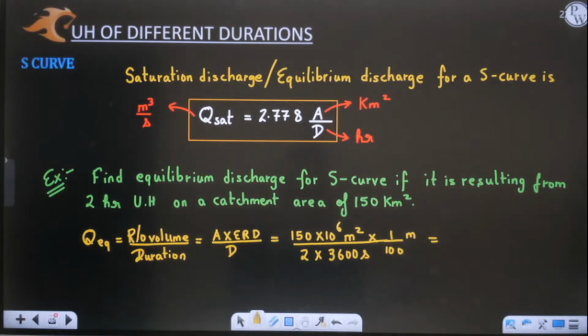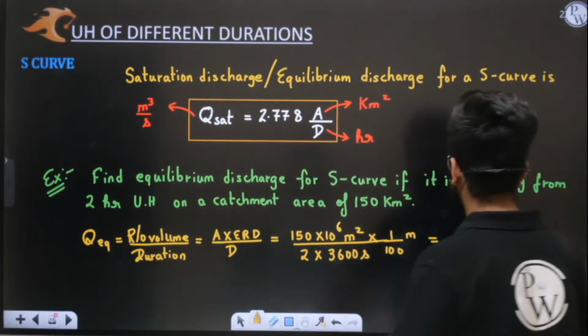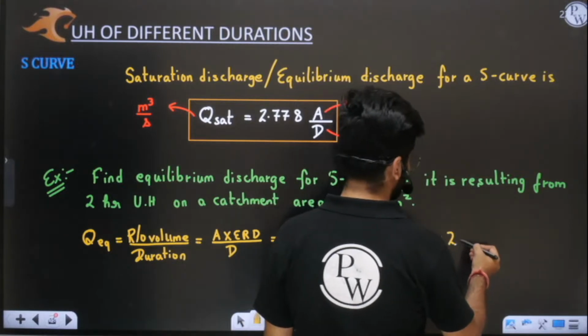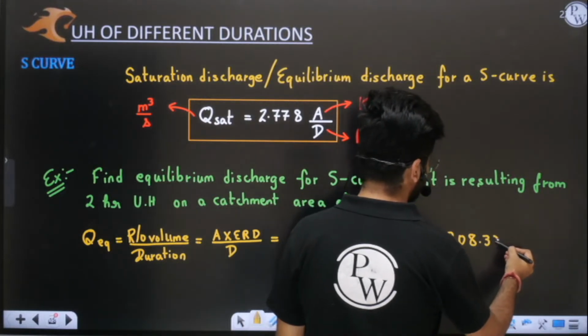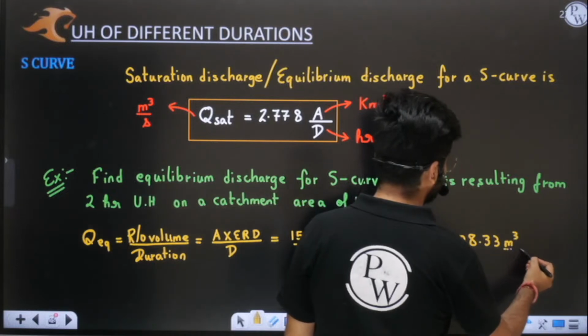Too much discharge. This is 208.33 meter cube per second. You will get the discharge in meter cube per second.